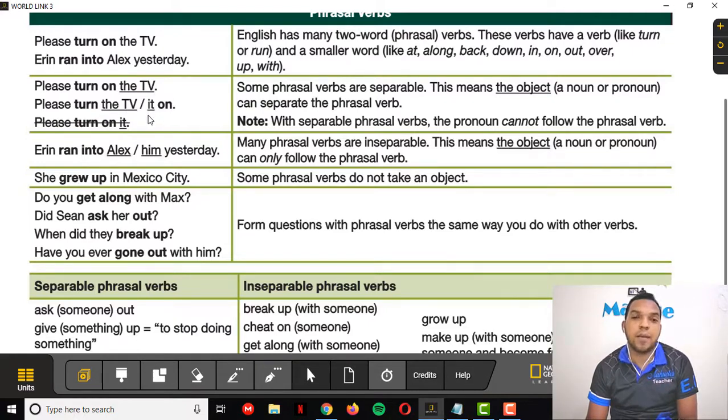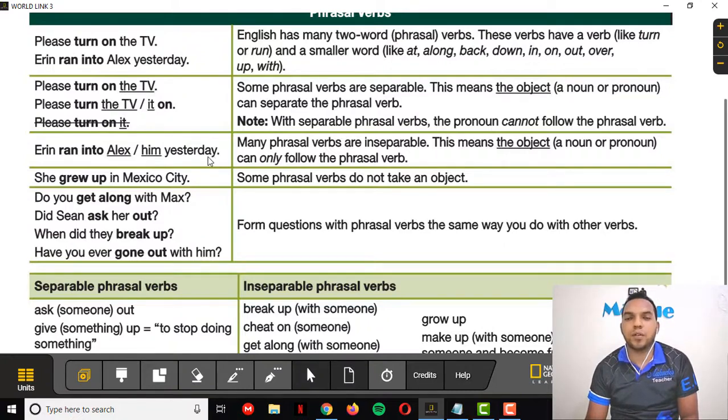You can use the pronoun. But something that is incorrect is to put the pronoun at the end, for example, please turn on it. So don't do that, please. So this is a note: with separable phrasal verbs, the pronoun cannot be placed at the end.